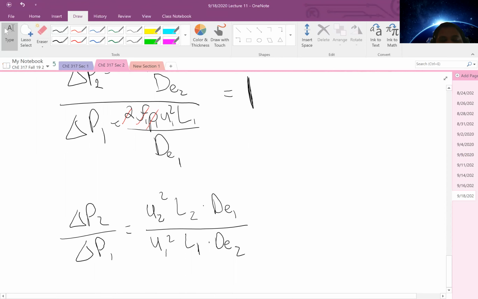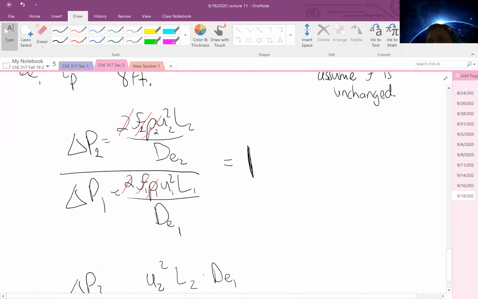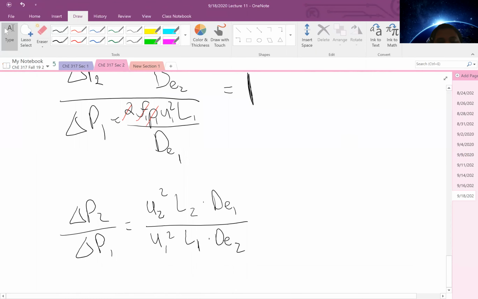So now I'm left with an expression that is telling me my change in pressure is primarily going to be consisted of looking at changes between three variables, mainly my velocity, my length, and my diameter. However, the question wants to know by what factor the airflow rate increases in the new duct.